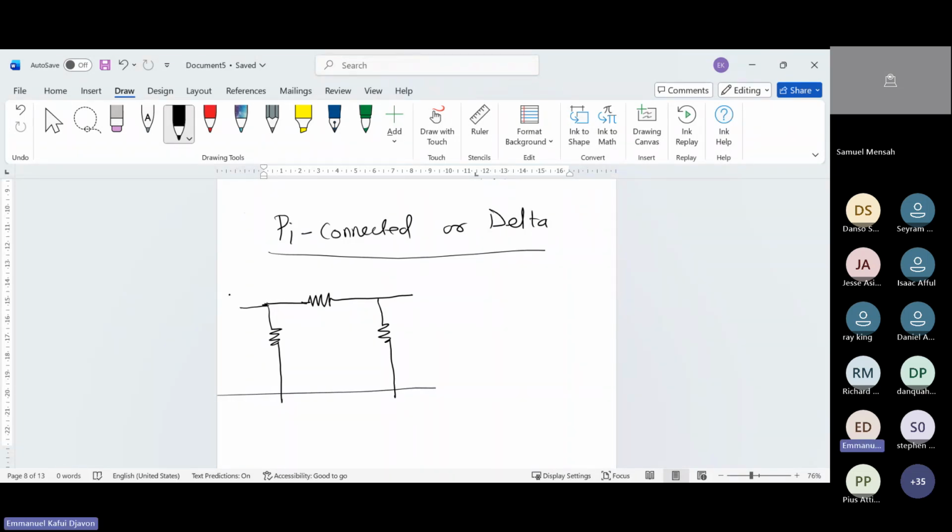As you saw on the star, this is 1, this is 2, and the bridge here is 3. So for the star, we have P, Q, and R. For the delta, we have A, B, and C. Now, if I want to draw the equivalent of this pi in delta, I will just draw a triangle. You draw it like a triangle.